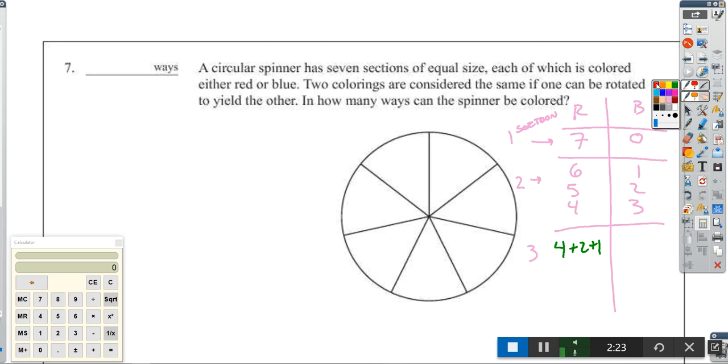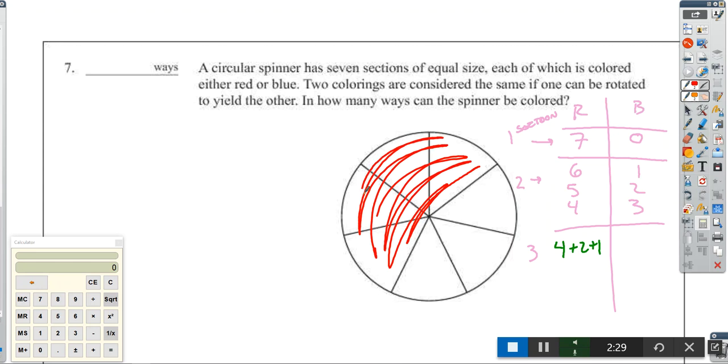So that's 4 sections of red, then 2 sections of blue, and then 1 more section of red. Uh-oh. All of a sudden, this 1 is merging with this section, and now we're back to this 5 and 2 situation.